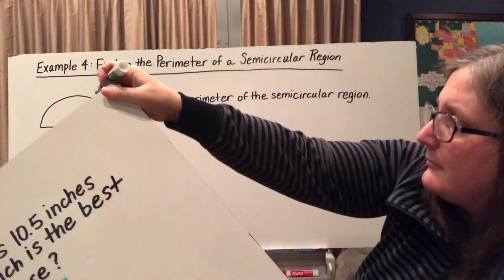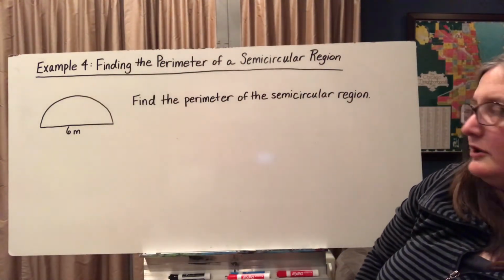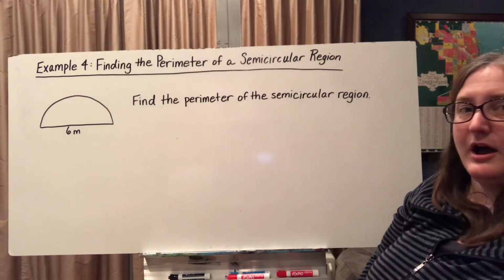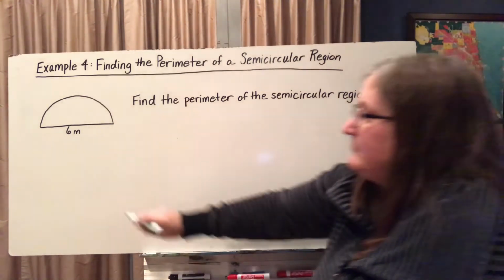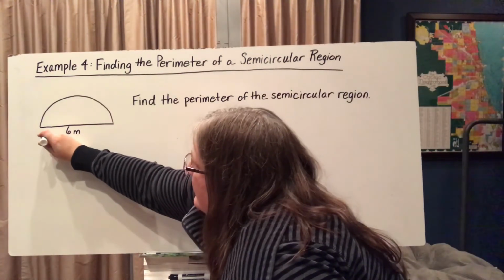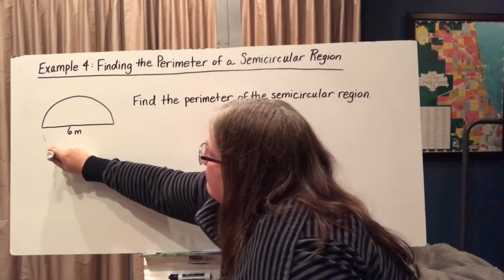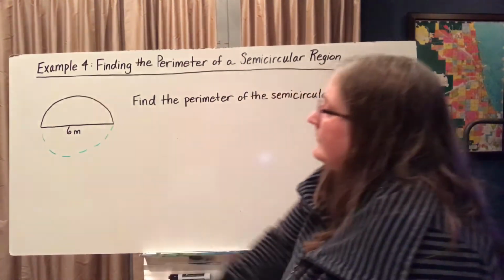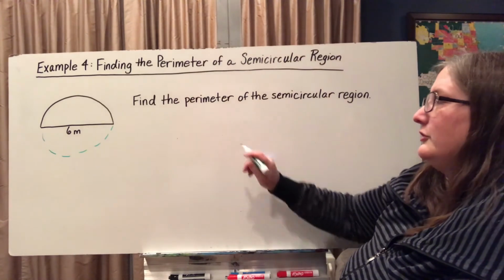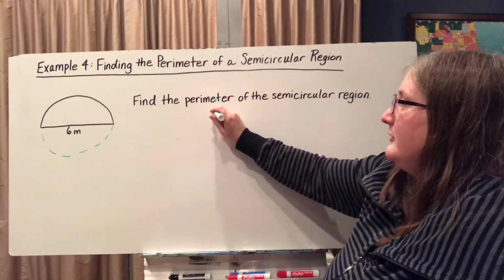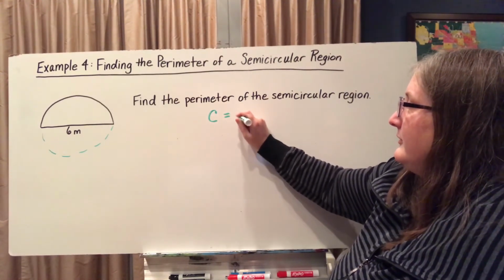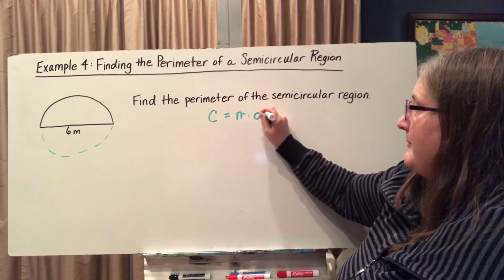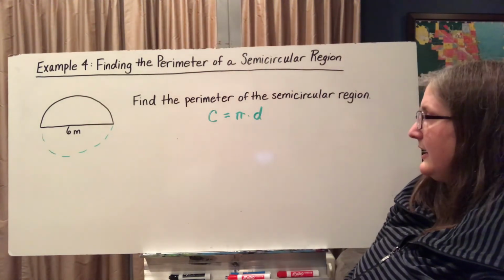In this last problem, I'm looking at a semicircle and being asked to find the perimeter of this circular region. So I'm just going to envision it as a full circle. If it was a full circle, I would use my formula, circumference equals pi times the diameter, to find my answer.